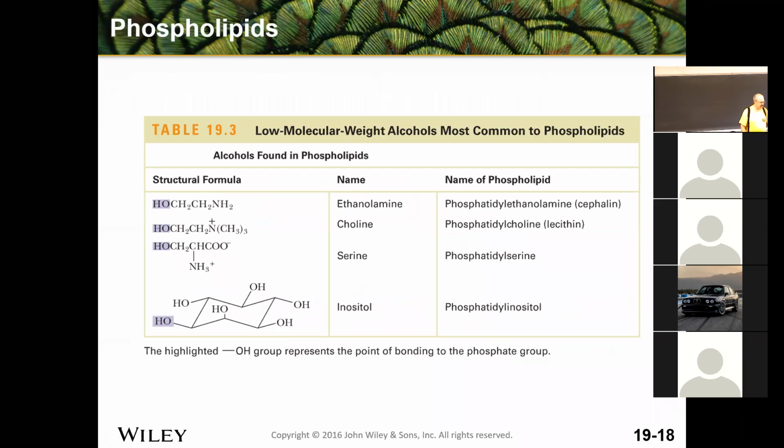Okay, these are the common alcohols that are found in phospholipids. This one is ethanolamine. Here is choline, serine, and inositol.